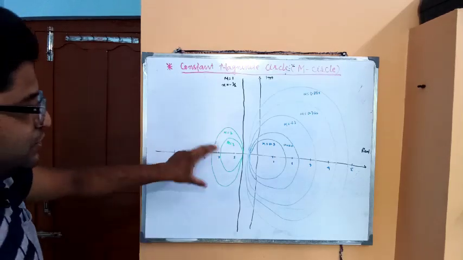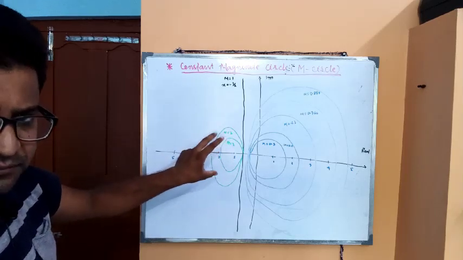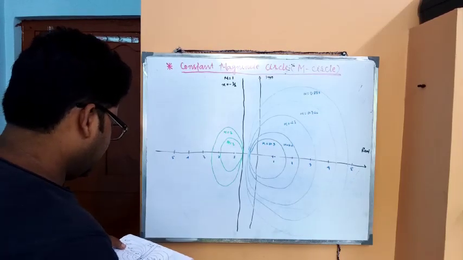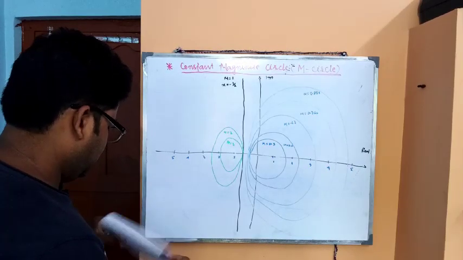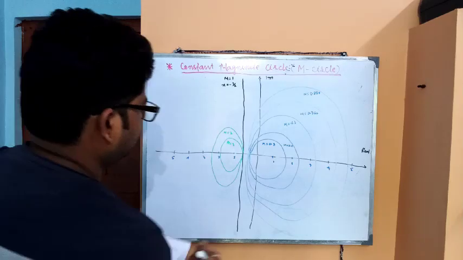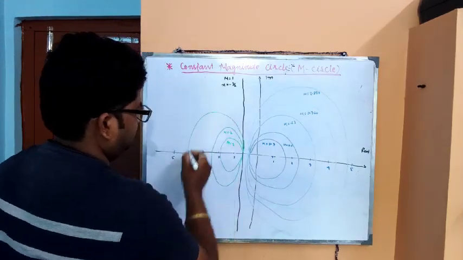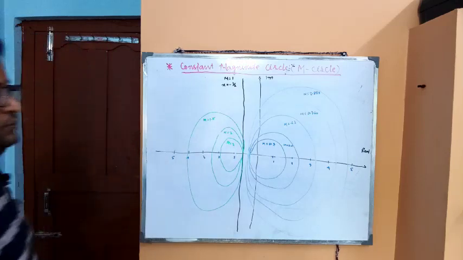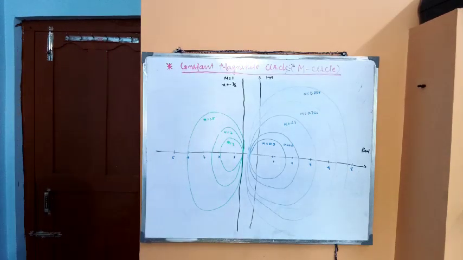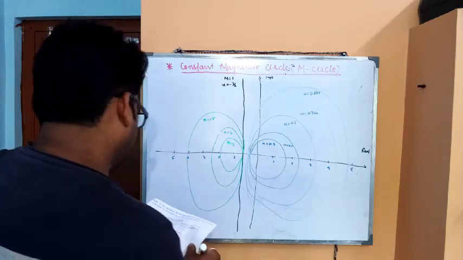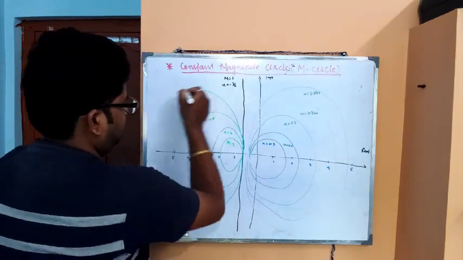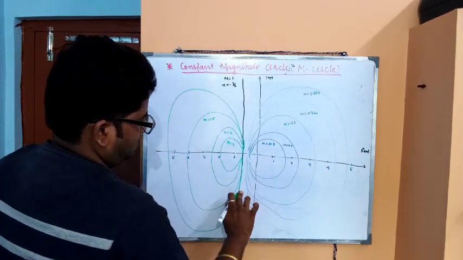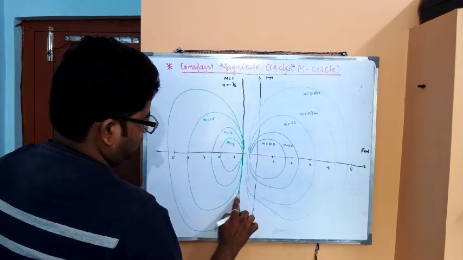So we consider this for drawing the circle. Now the 8th value we consider is M equal to 1.5. This is the 8th value. Now the 7th value, we consider M equal to 1.3.